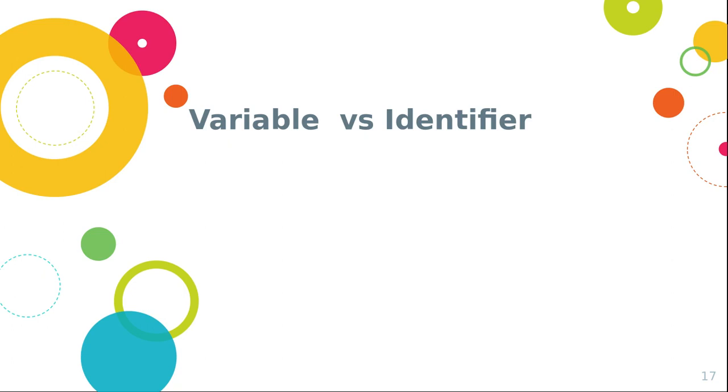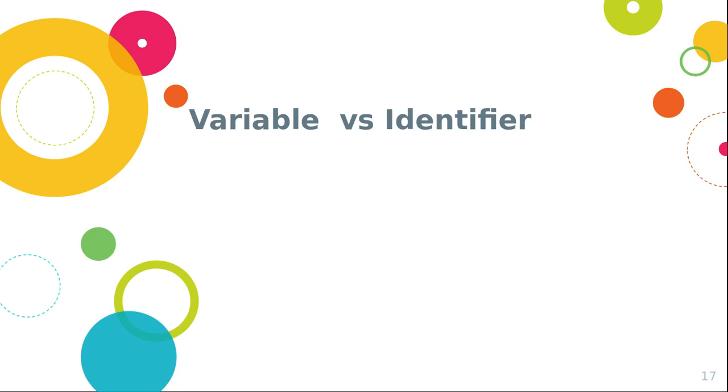For more precision, if I want to distinguish between a variable and an identifier, for example, if I give a structure name A, enum name B, function name C, class names and all these things, these are names of identifiers.